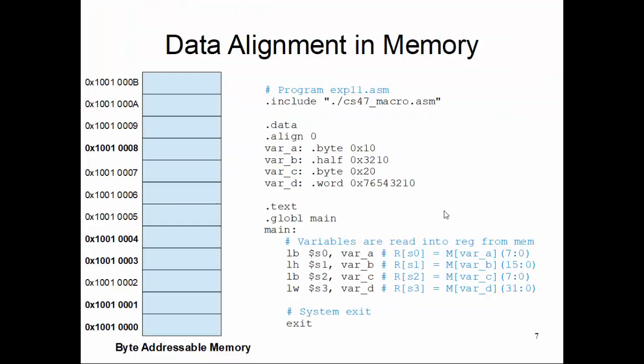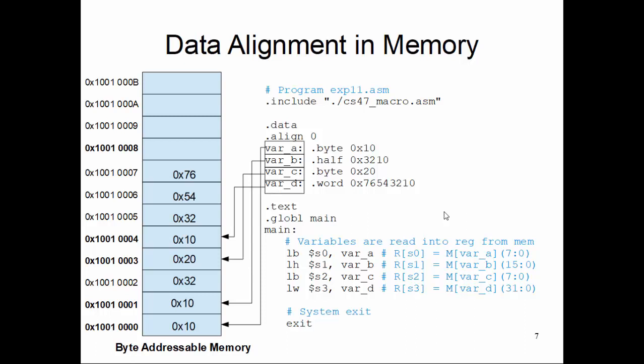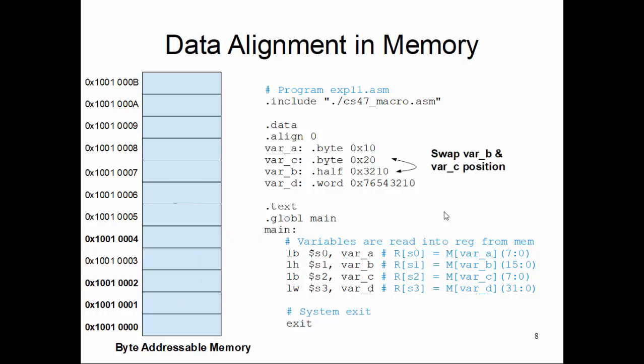Whatever we write, what we want to do is swap the variable b and c position. Then what will happen? Your first is a byte, second is a byte, 20. Then third is a half word, which is now starting from your even boundary, right?